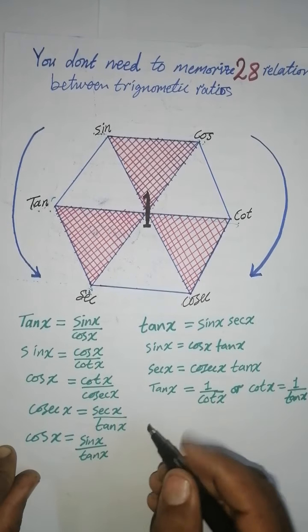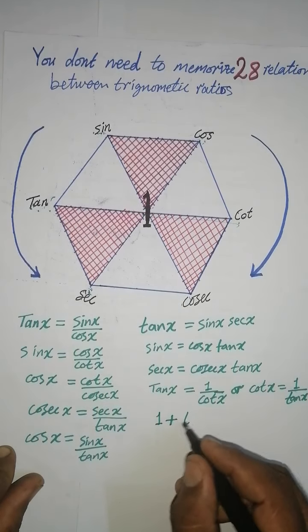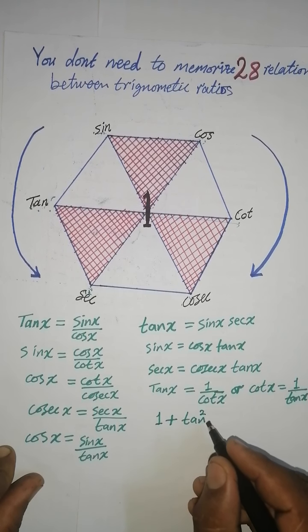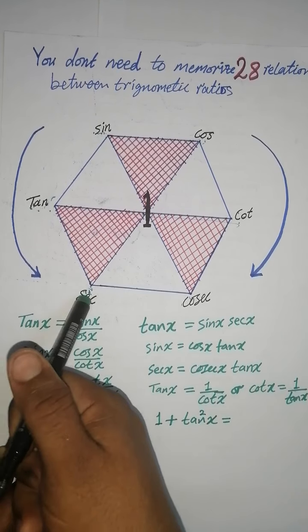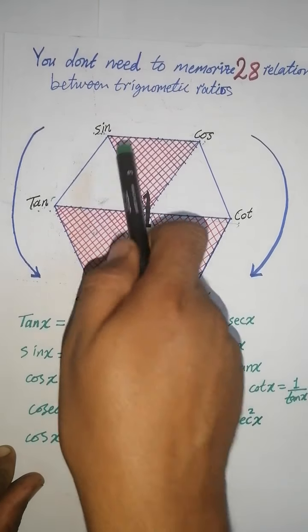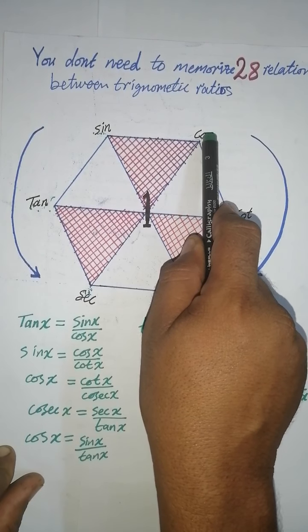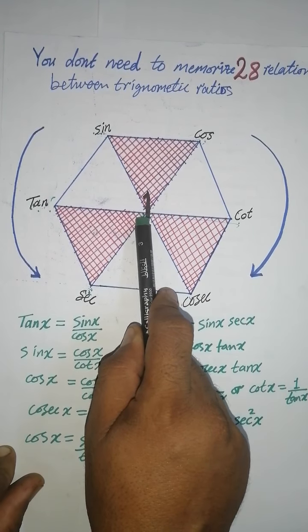Let's start from here. 1 square, what is it? 1 plus tan square x equals, what's remaining, sec square x. And if you go to this one, you will say sine square x plus cosine square x equals 1 square, which is 1.